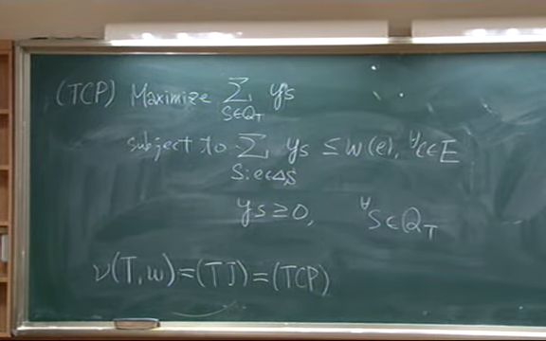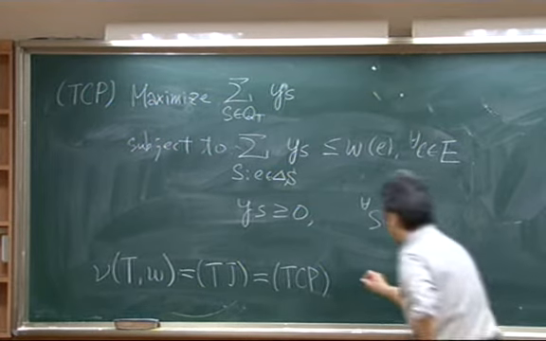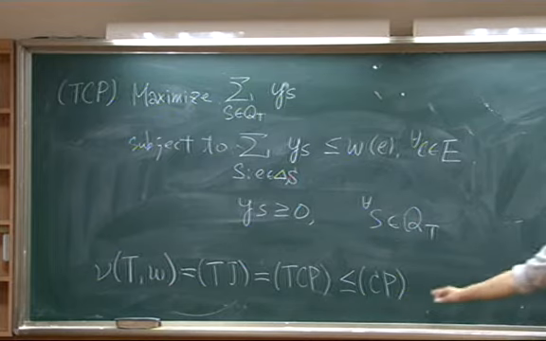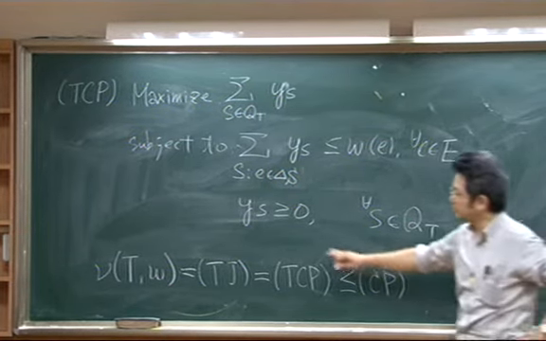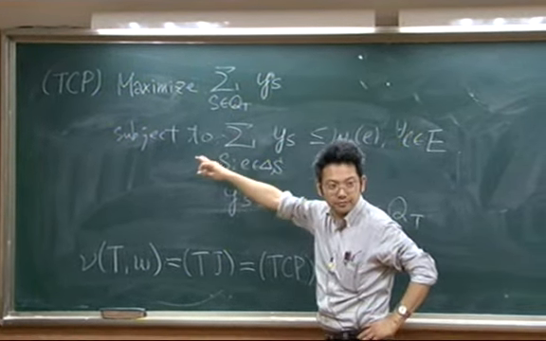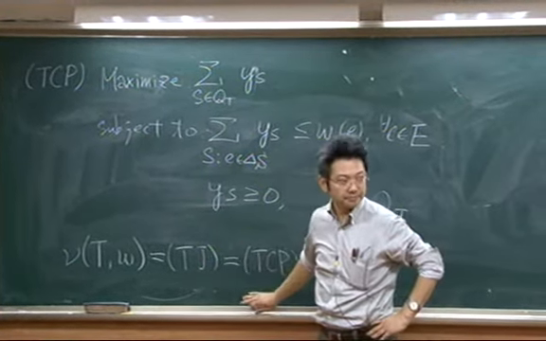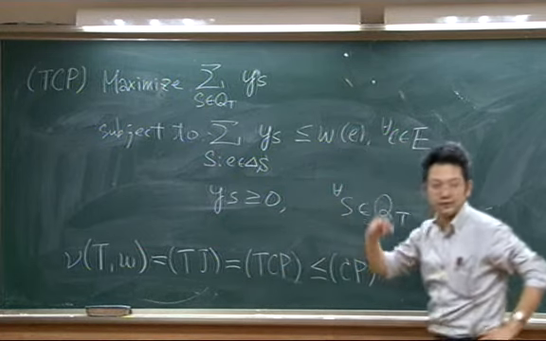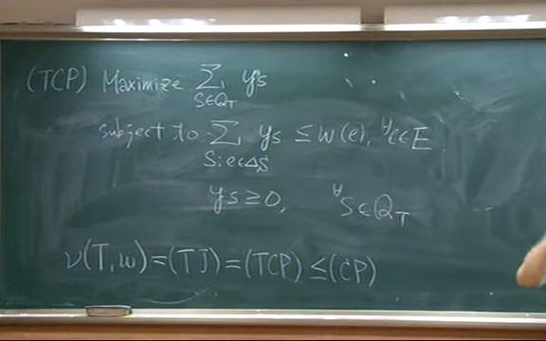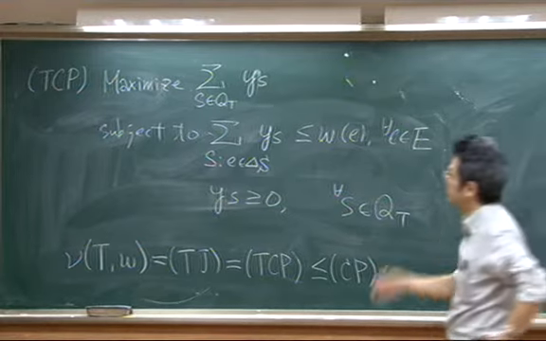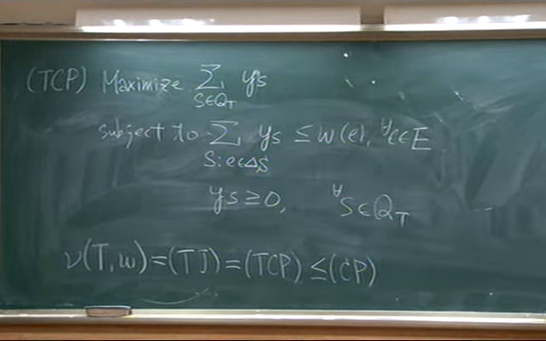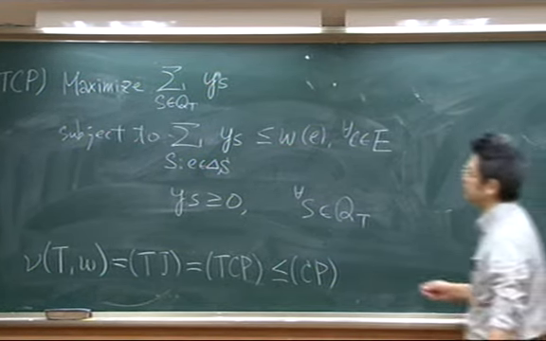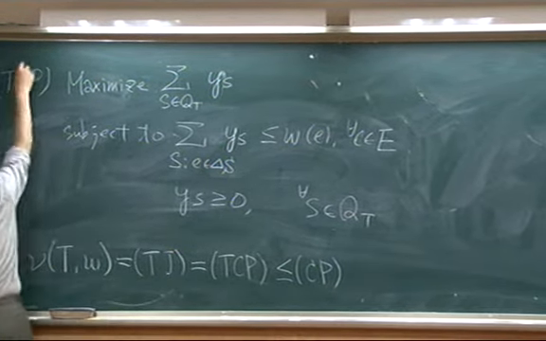Now I want to introduce an upper bound of this quantity, which is independent of T. If it is independent of T, then that will give you an upper bound of our problem of maximizing the minimum value. So what is CP? That's cut packing.